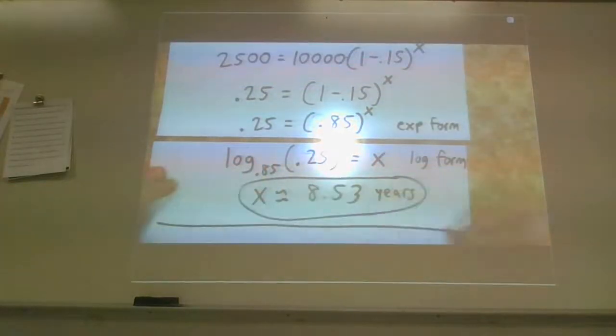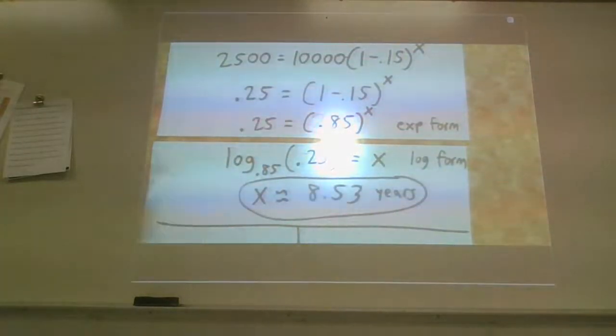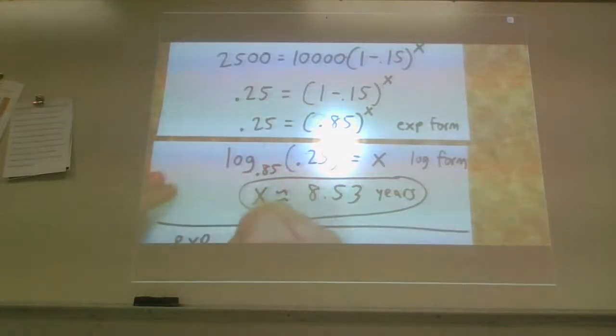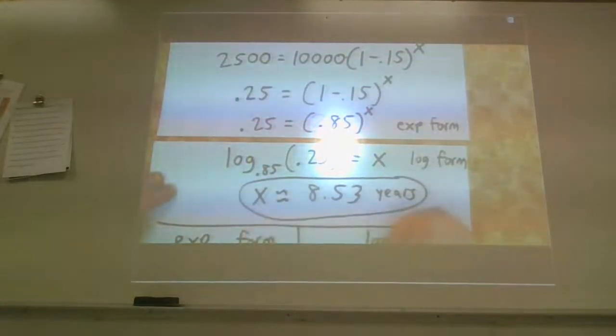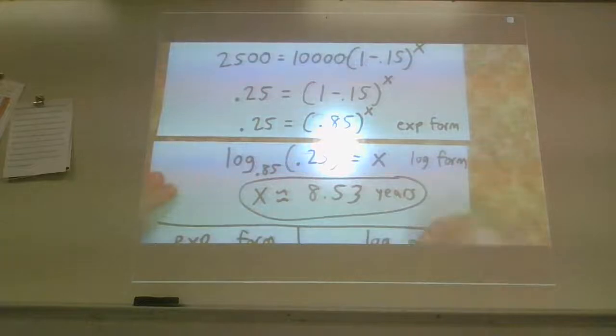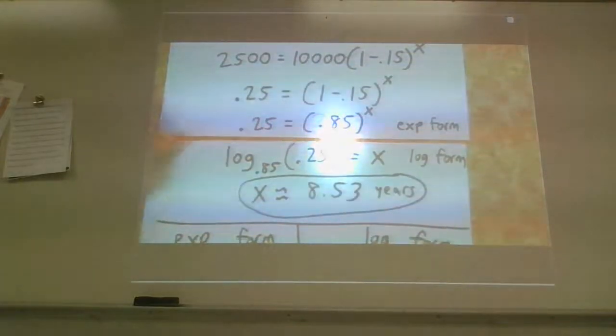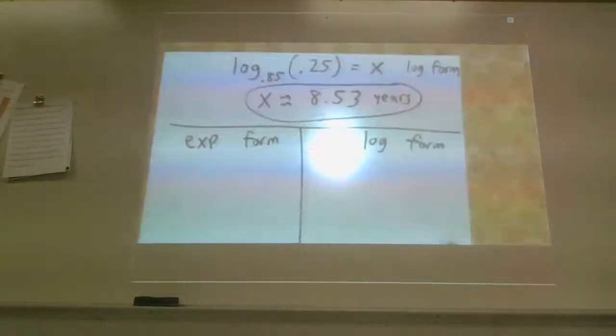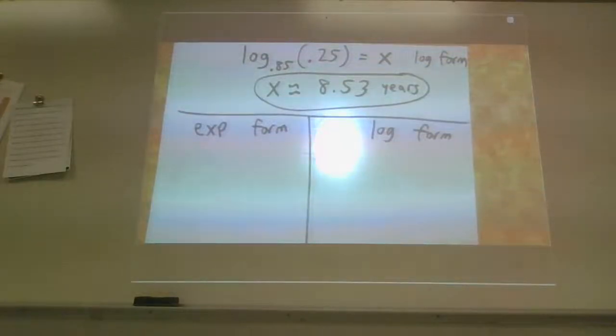One big reminder of exponential form versus log form. I want you to write this down again. We wrote this down last week. I want to write it down one more time, just for the sake of reiteration.